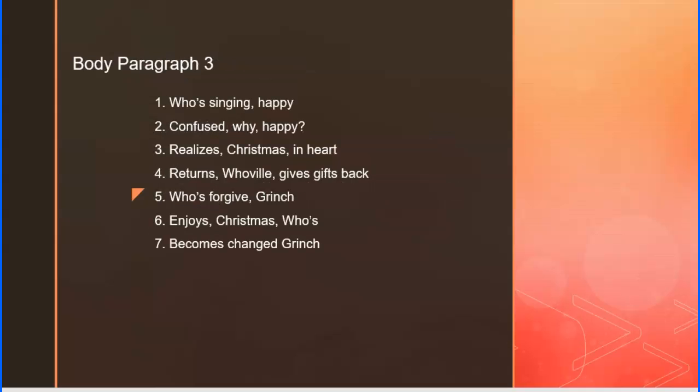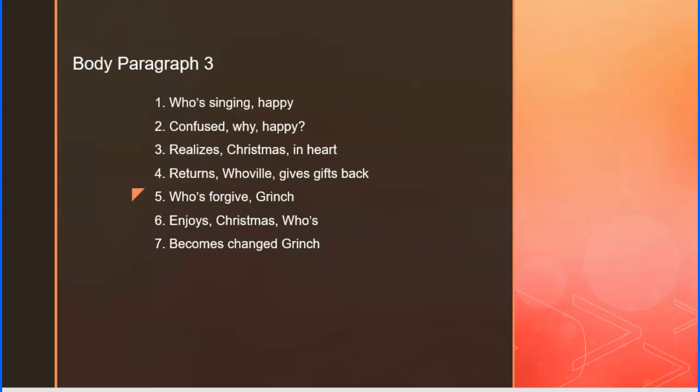So here is my Grinch. The Whos are singing. They're happy. The Grinch is confused. Why are they happy? He realizes the Christmas is in the heart, and he returns to Whoville and gives everything back. The Whos forgive him. He enjoys Christmas with the Whos and becomes a changed Grinch, whose heart grows however many times the size.